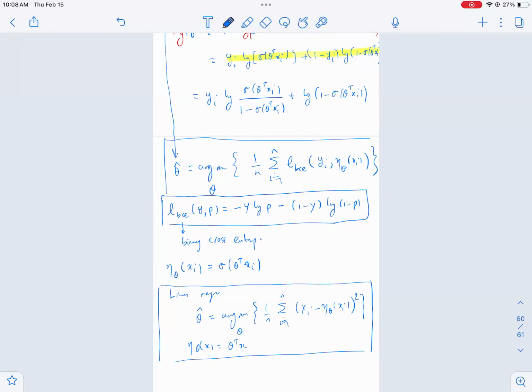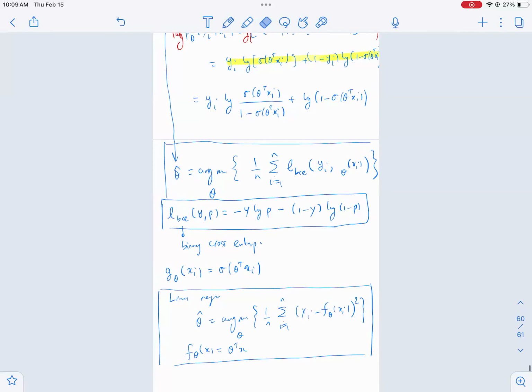I should perhaps call this f theta. So f theta is the regression function. Here we're going to call this g theta because it's not exactly like f theta, but we call this g theta for simplicity. Okay. So these two.